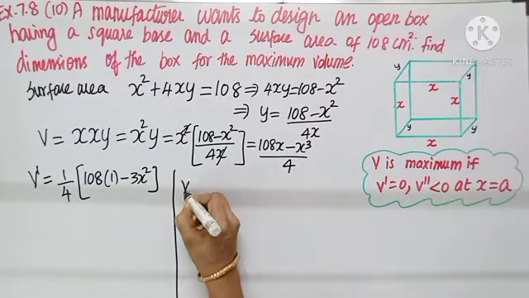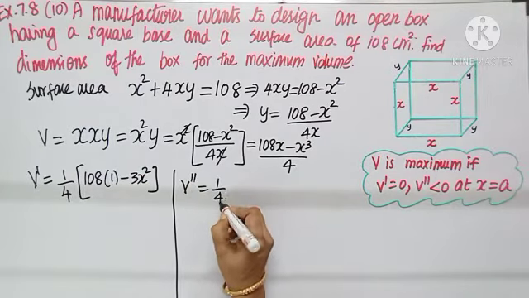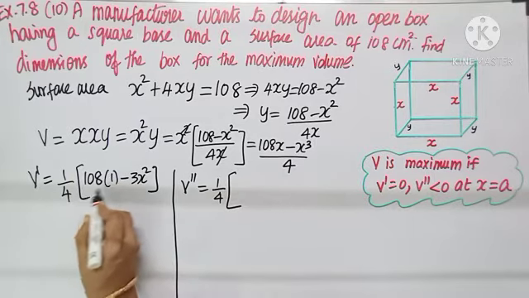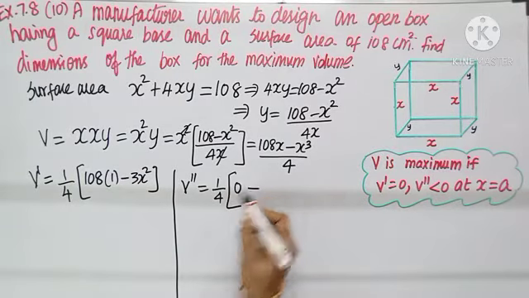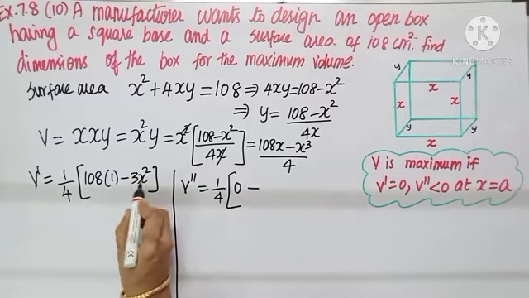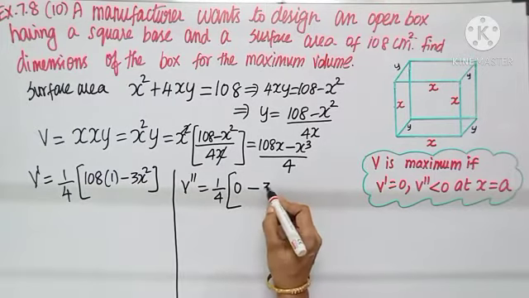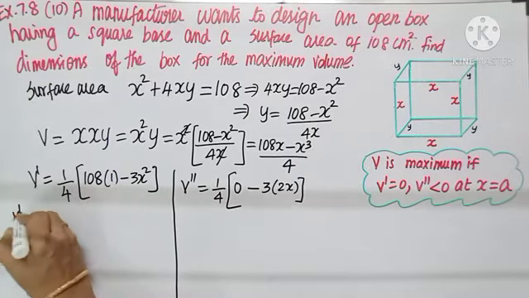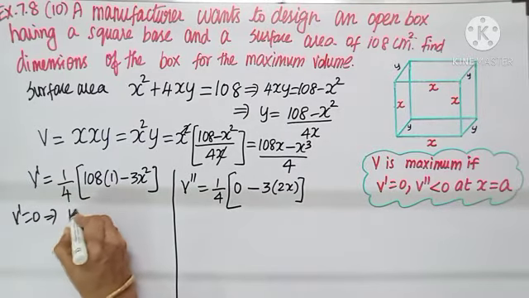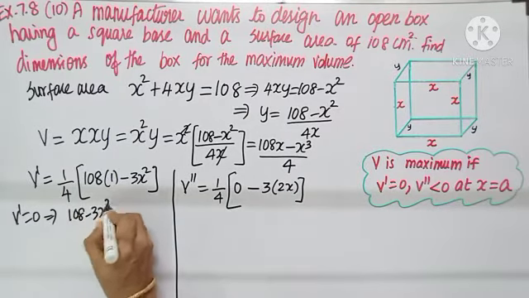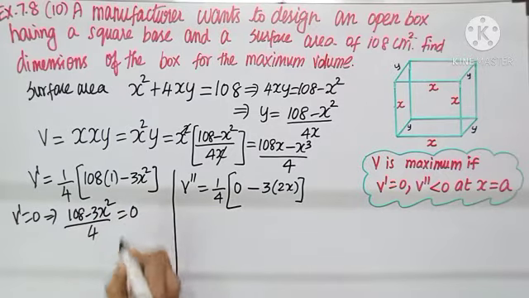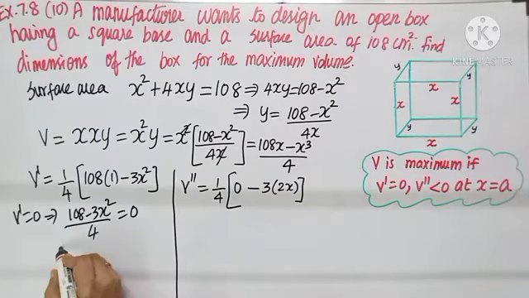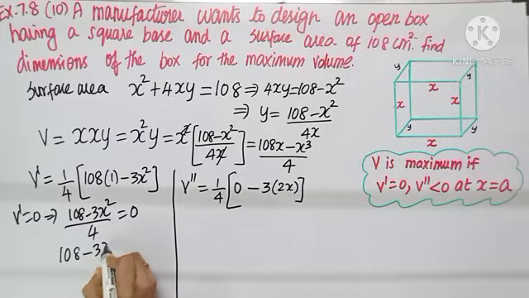Find out V double dash. 1 by 4 as it is. 108 constant becomes 0, minus 3x square becomes 2x. So 3 into 2x. As we put V dash equal to 0, (108 minus 3x square) by 4 equals 0, or 108 minus 3x square equals 0.